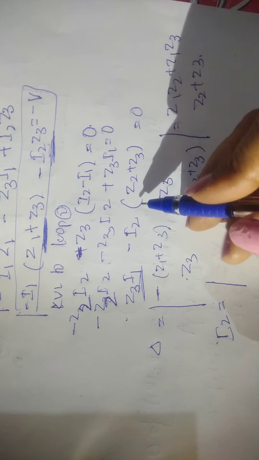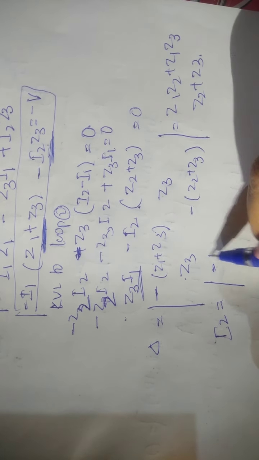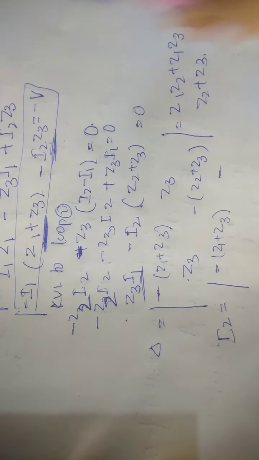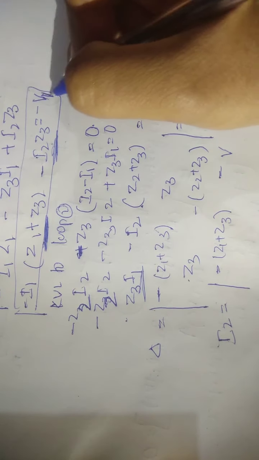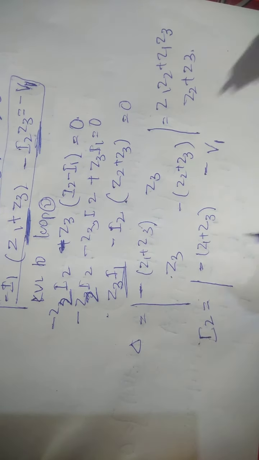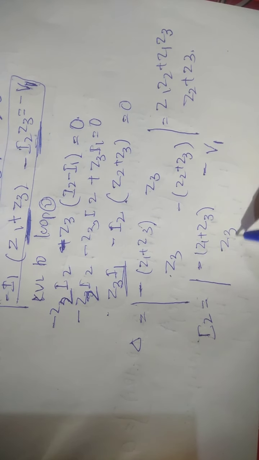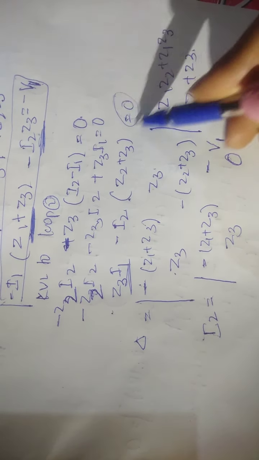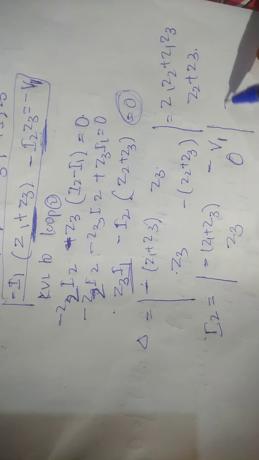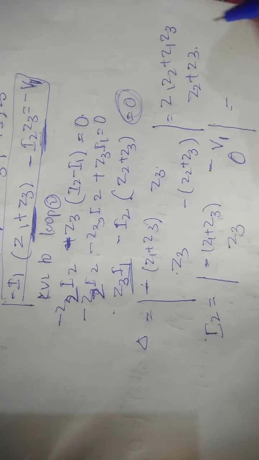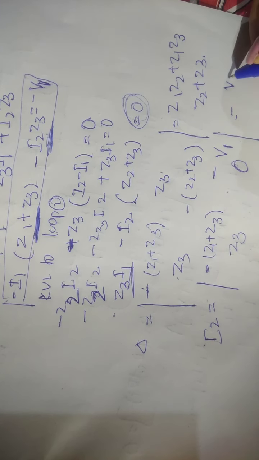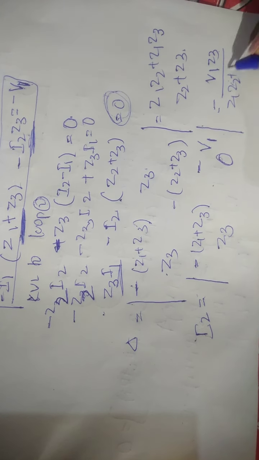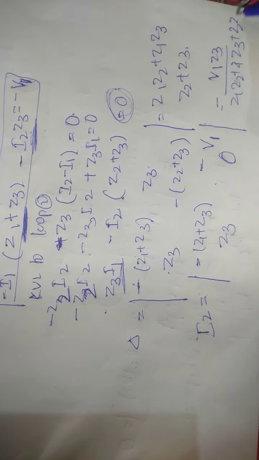I2 is the determinant with minus (Z1 plus Z3), minus V1, and Z3, correct? The I1 column is constant and the voltage is 0. So we get I2 equals minus V1 Z3 divided by delta, that is Z1 Z2 plus Z1 Z3 plus Z2 Z3.